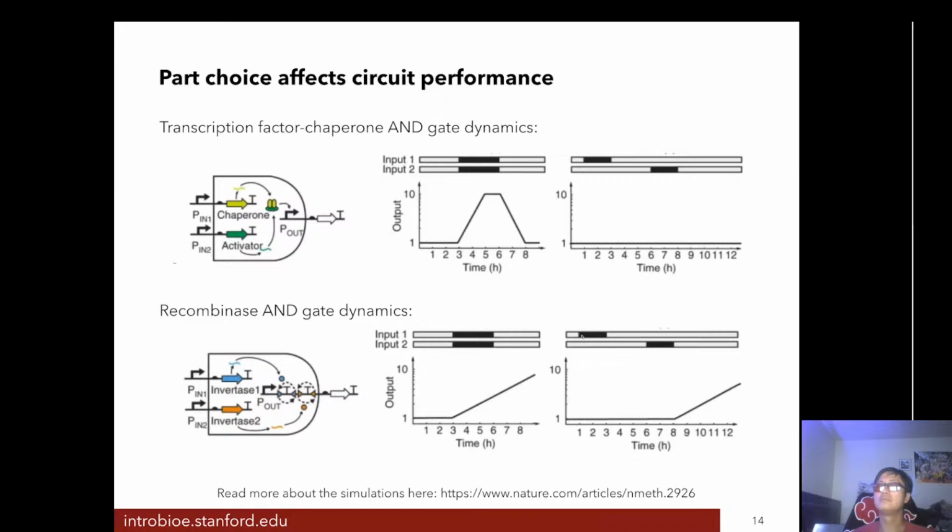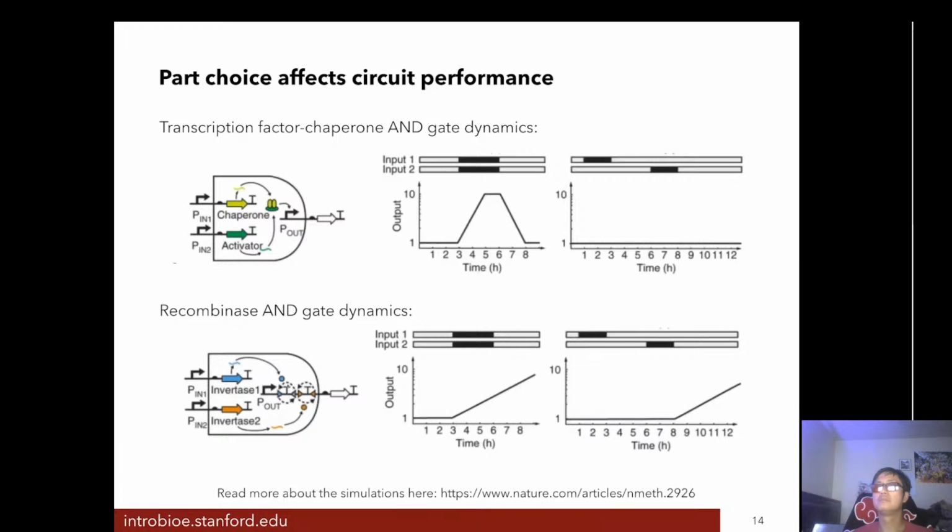But what's really interesting is that if these things are temporally separated, you will get the first invertase expressed early on. It will invert the terminator that it recognizes. And then the promoter expressing it may shut back off. You may stop making this recombinase, but it will have already done its inversion.